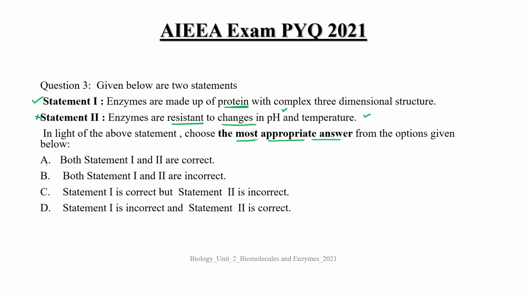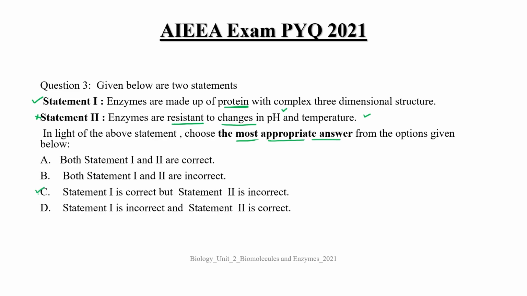But out of these 4 choices, what is the correct answer according to you? Just take 5 seconds. Understand both the statements, what they have mentioned in statement 1 and 2. Yes, you are right.